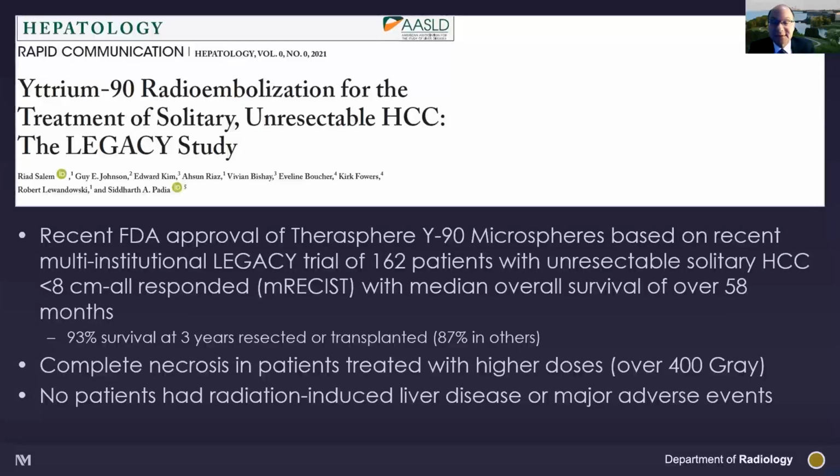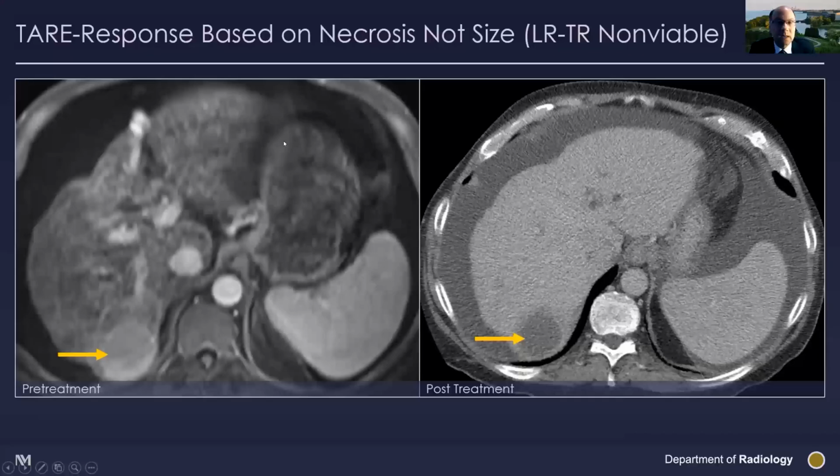Complete necrosis was seen in the patients treated with a higher dose, those with over 400 gray, and none of the patients had radiation-induced liver disease or major adverse effects. So a lot of the effects that we used to write about as complications are not being seen with these better techniques. Here's an example.